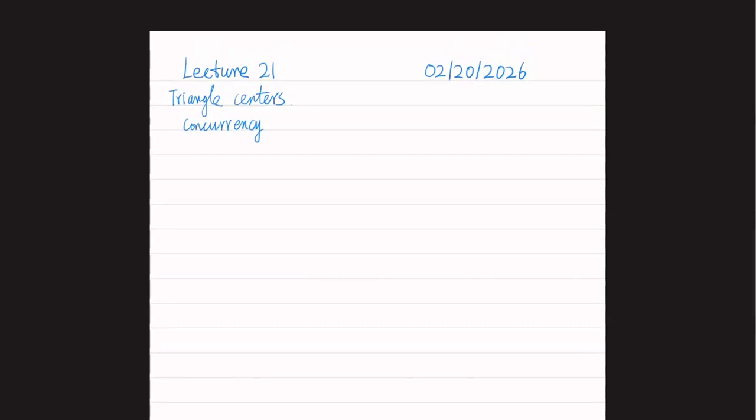So three lines... Not congruent, concurrent. I mean, I just realized I said something incorrect. So concurrency, not congruent, concurrent.